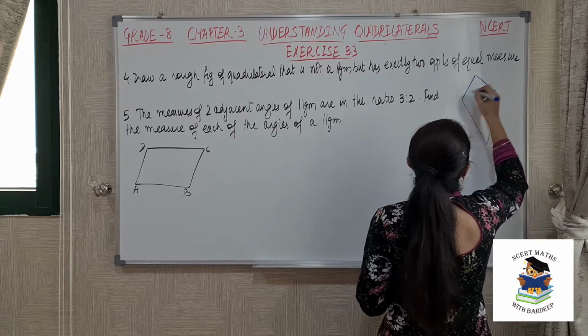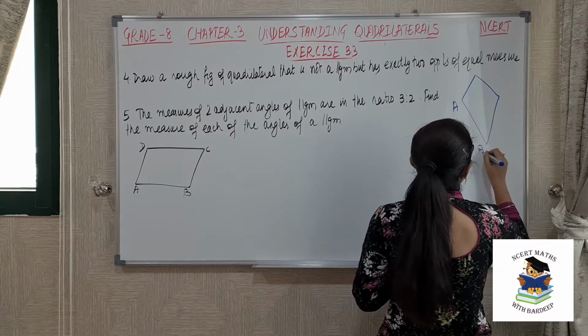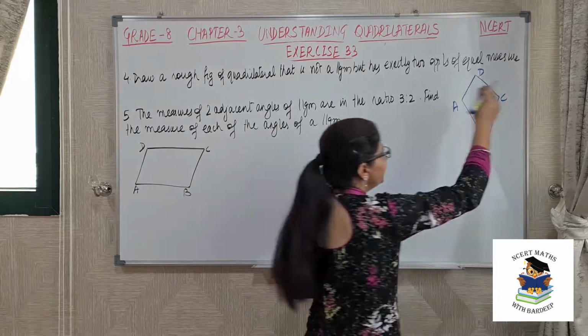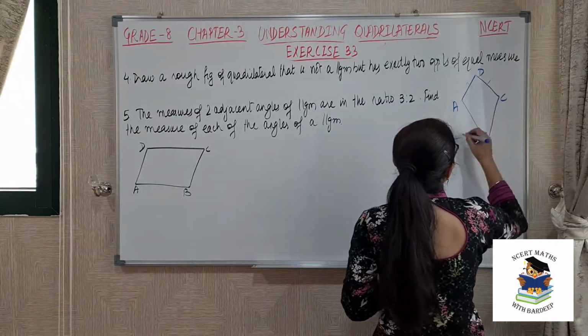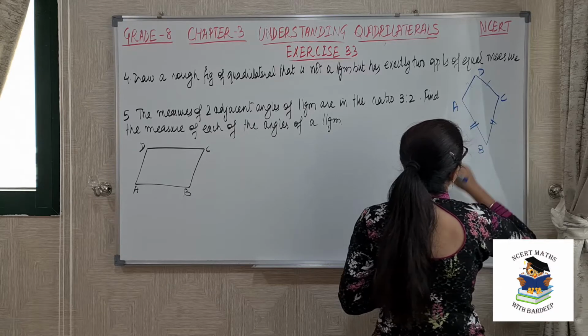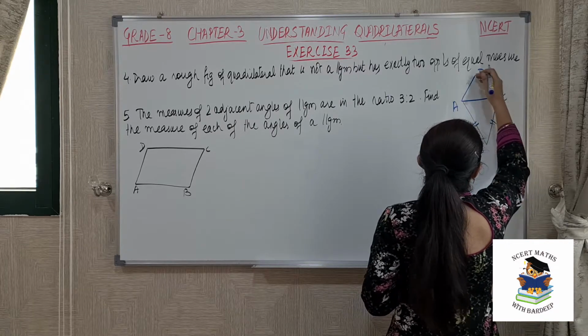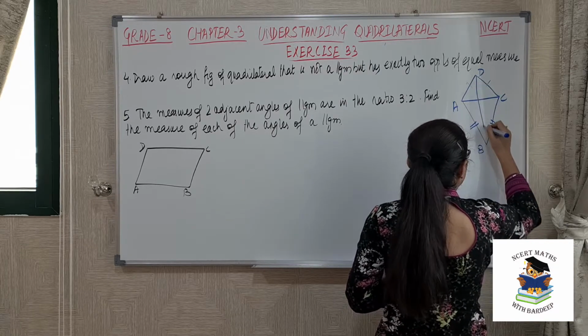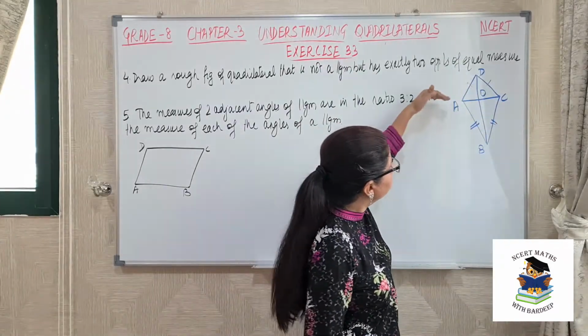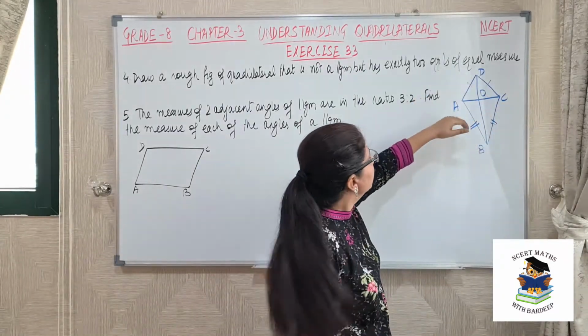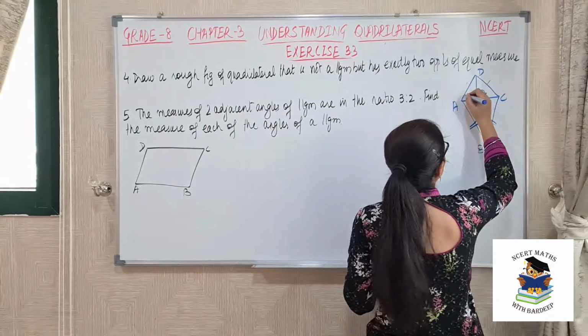So in a kite, what are the properties? That adjacent sides are equal. So this side is equal to this side, and this side is equal to this, and this diagonal BD bisects AC. I have already explained this.